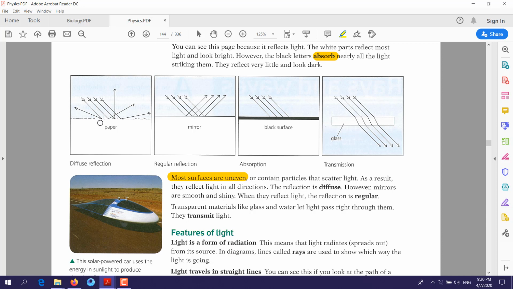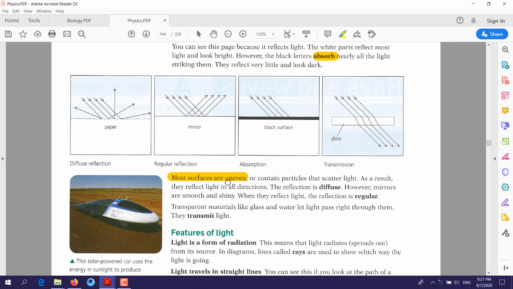If you look at this one, the surface is uneven. It has some particles on it. So the light is coming in this direction, but it's reflecting into different directions. Here it's scattering the light, diffusing the light. But if you take the mirror, it's just reflecting all the waves the same as they come.